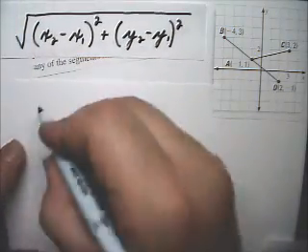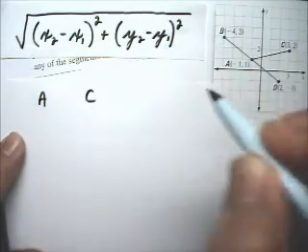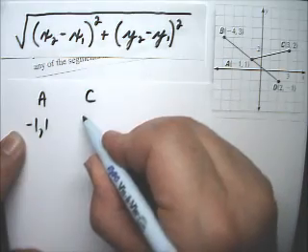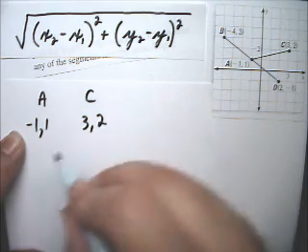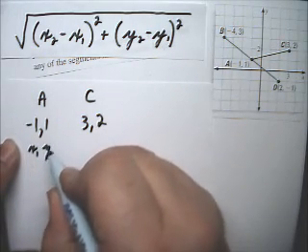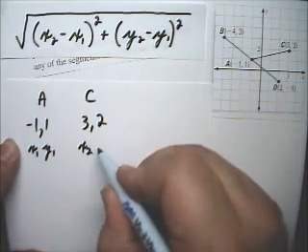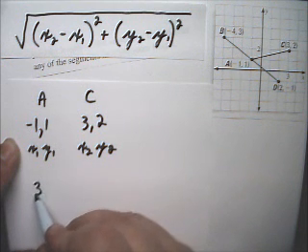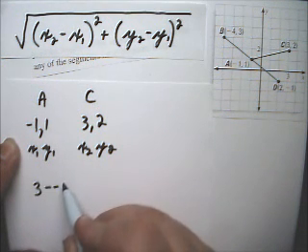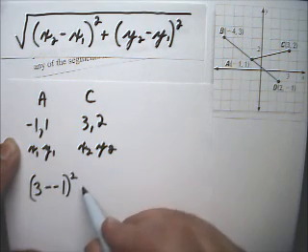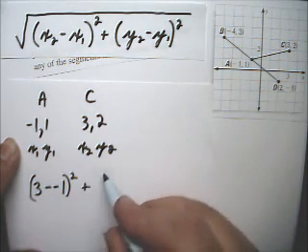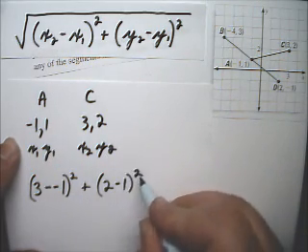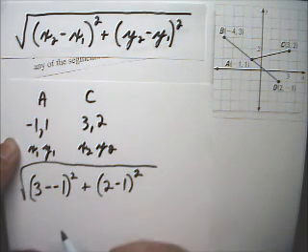Alright, next I'm going to do AC. A is -1, 1. C is 3, 2. So this is x1, y1. This is x2, y2. So x2, that's 3 minus a -1 squared plus y2, which is 2 minus 1 squared, and it's the square root of all of this.